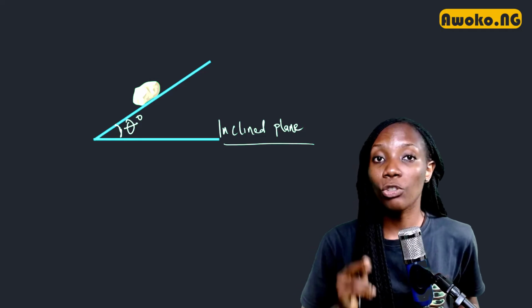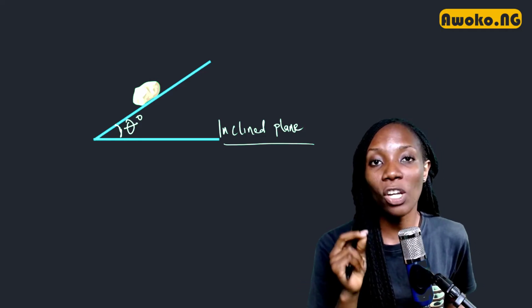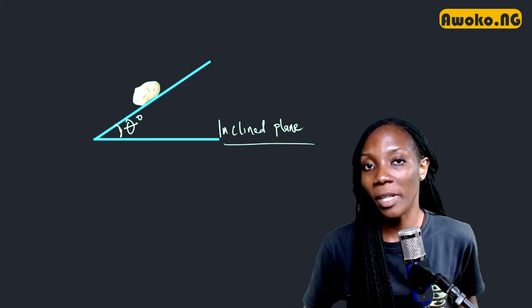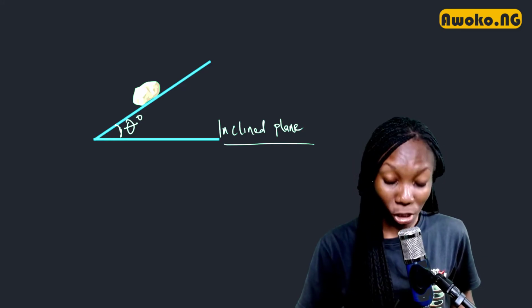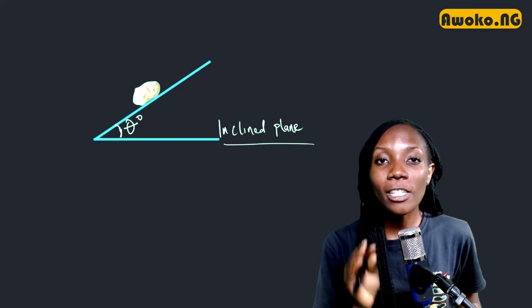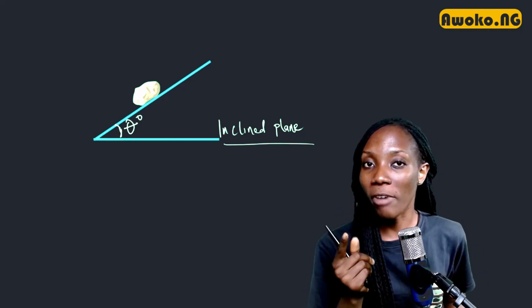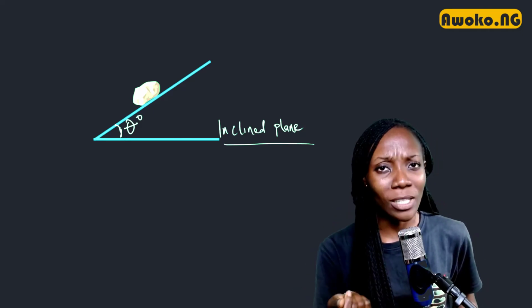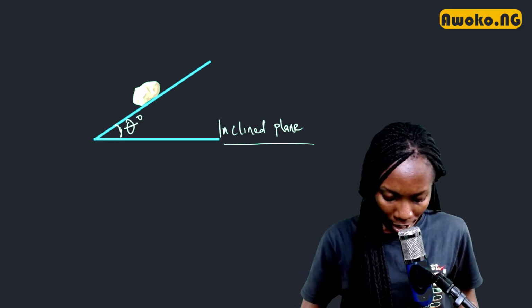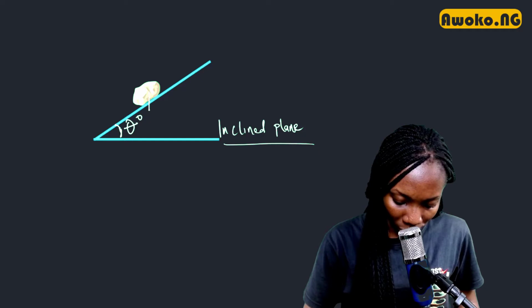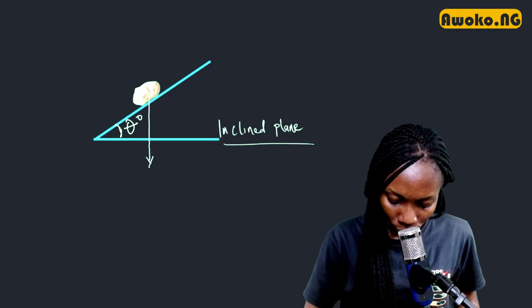There are always at least two forces acting on any object positioned on an inclined plane. And so in this case, we have two forces acting on this object on this plane. These forces are the force of gravity, which is known as the weight, acting in a downward direction. So we have the force of gravity acting downward like so.